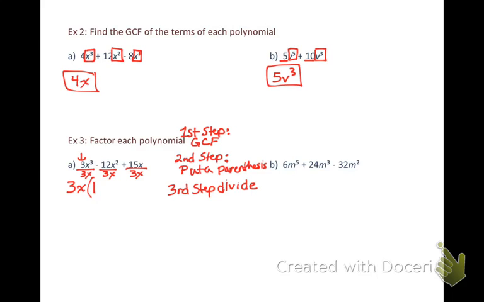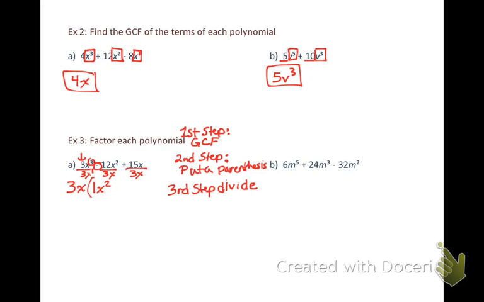You don't need to put the 1, but it helps. And then I have x cubed here and x to the first here. If you remember in chapter 8, you subtracted the exponents. So it's going to be 3 minus 1, which would be x to the second power, or x squared.